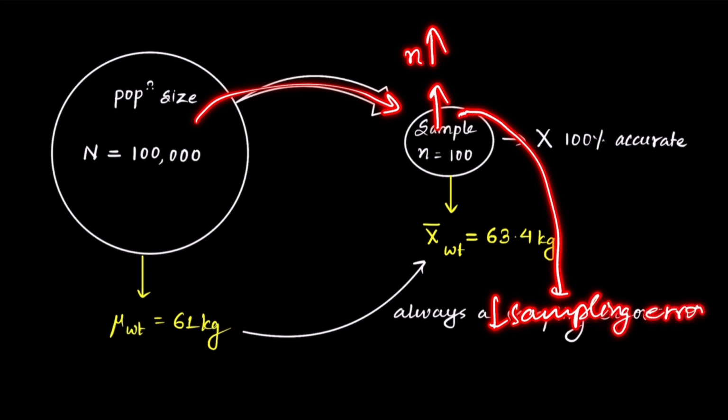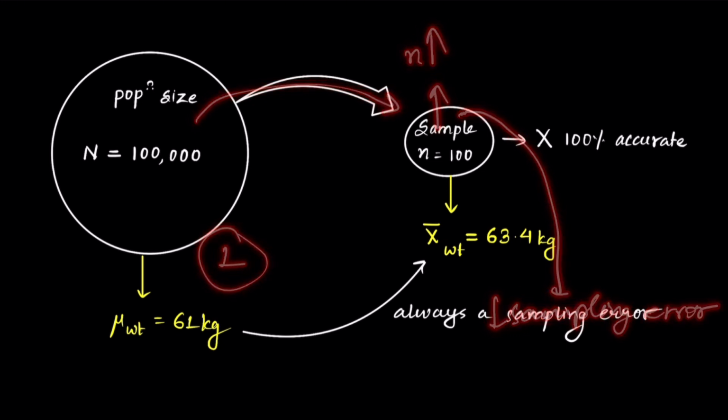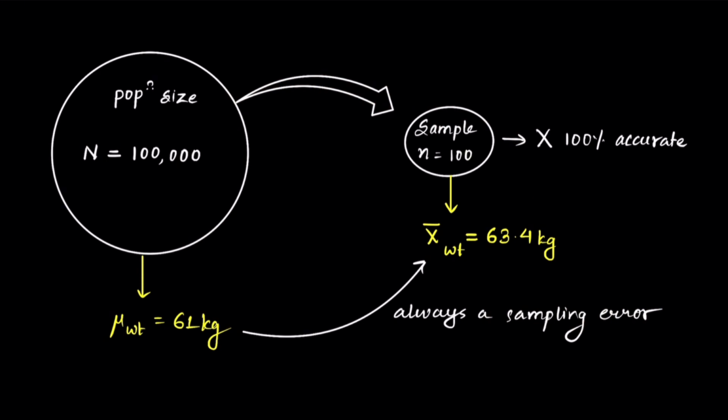Okay, got it? So first thing was, if the population is homogeneous, the sample that we get from that population is going to be more representative of the population, because there is less variety of people. The more likely the people are the same as each other, the sample is going to also contain the same type of people. And since there are going to be the same type of people, the sample is going to be more representative of the population, then there is going to be less sampling error.